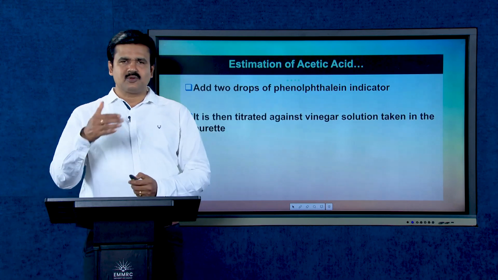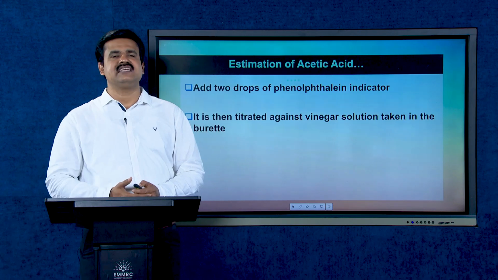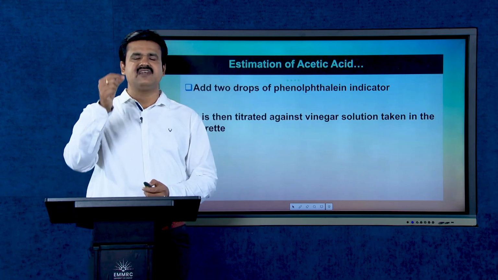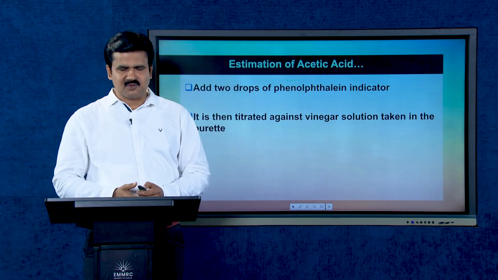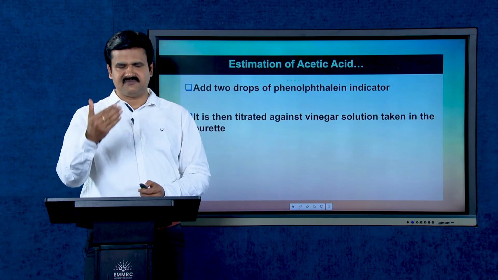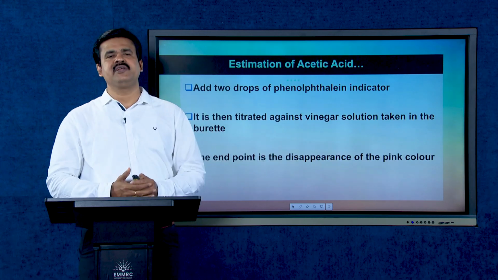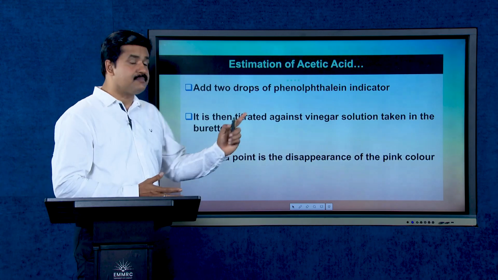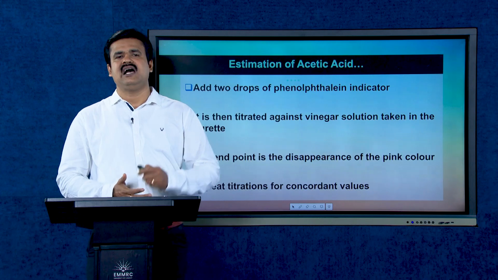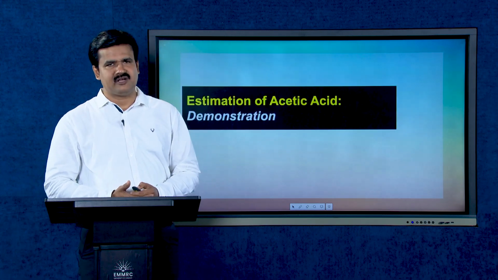The solution is then titrated against the vinegar solution taken in the burette. We already filled the burette with the vinegar solution, and you pipetted out 20 ml sodium hydroxide and added the phenolphthalein indicator, and now perform the titration. The end point of the titration is the disappearance of the pink color, and here also you have to repeat the titration to get concordant values.